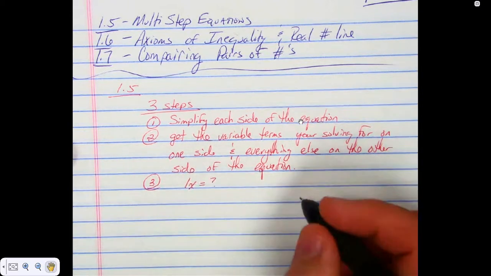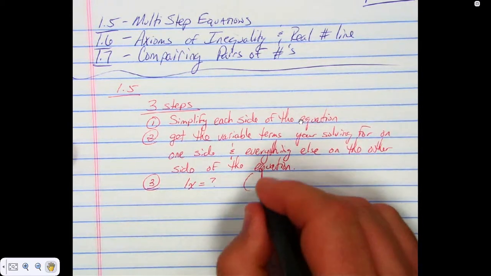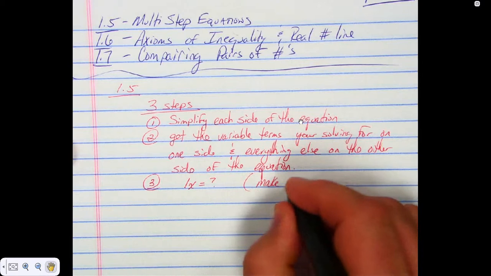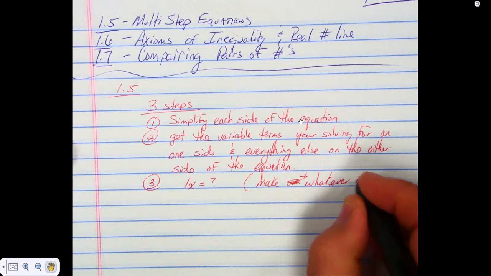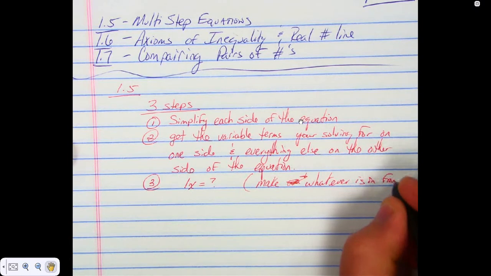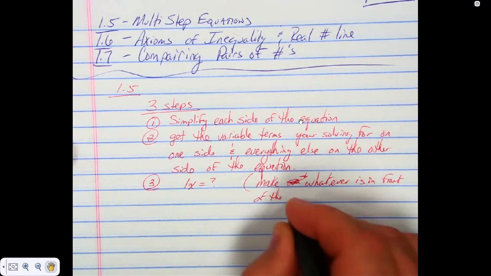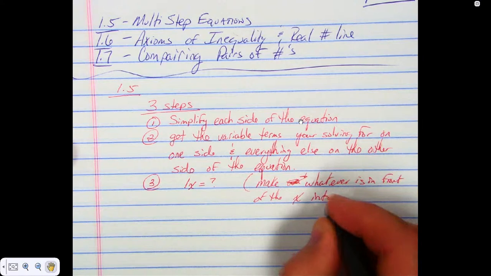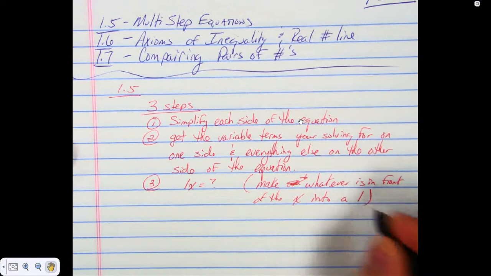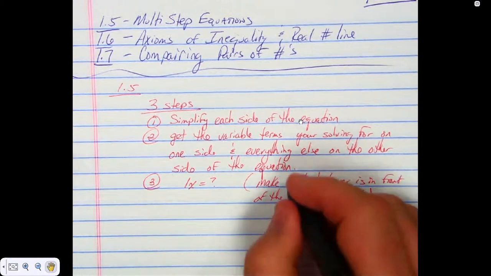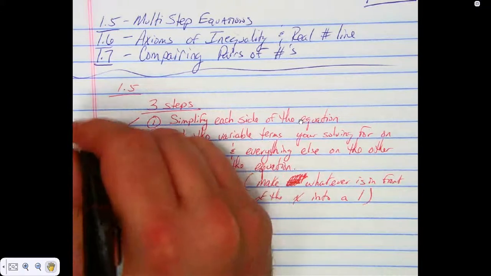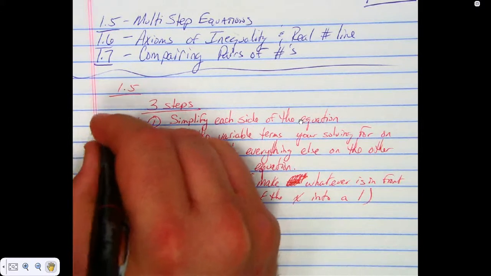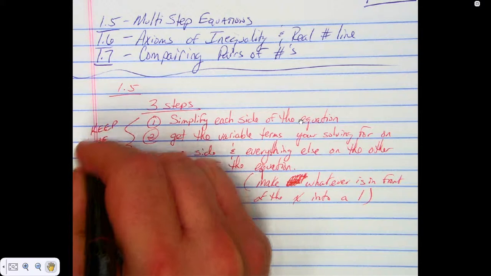Three, find out what 1x is equal to. Make whatever is in front of the x into a 1. While you're doing all of this, what do we keep the equation?